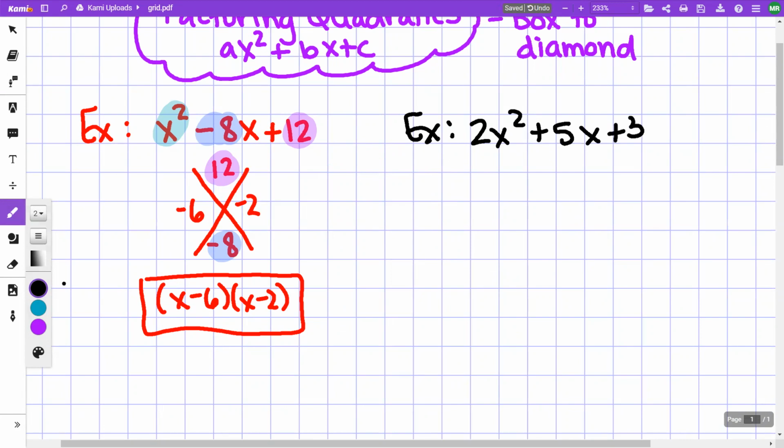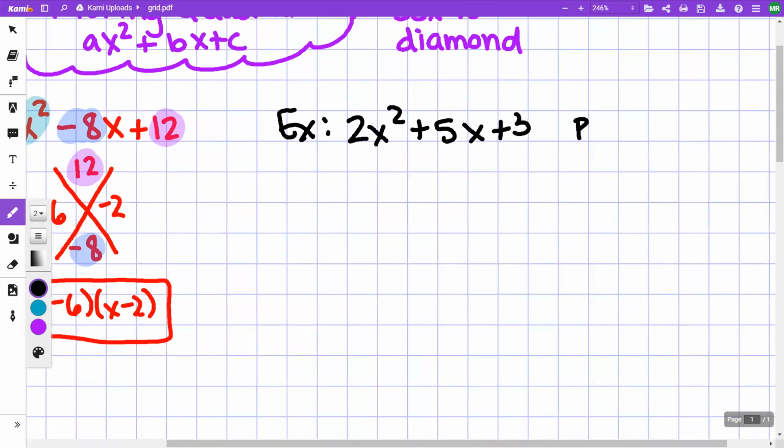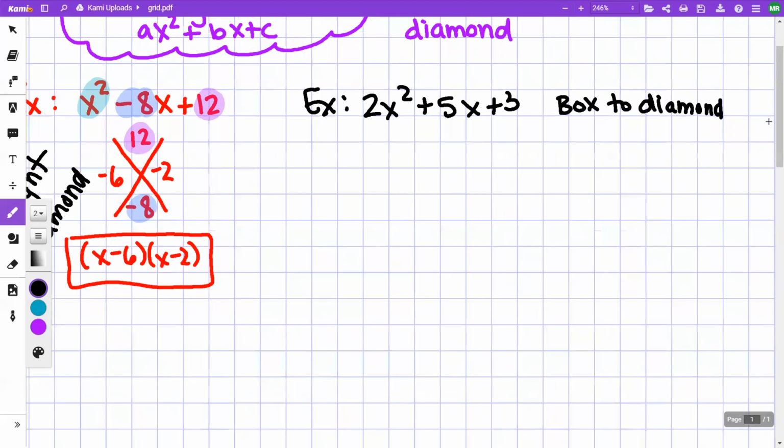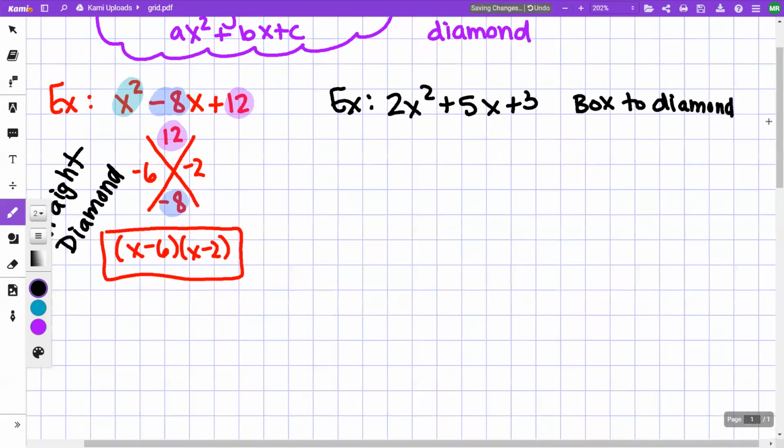This one I can do a straight diamond. Straight diamond. This one I'm going to do a box to diamond. Box to diamond. And so I am going to do a box.